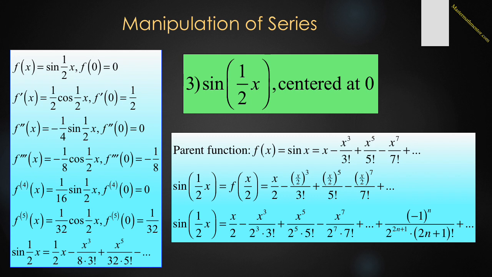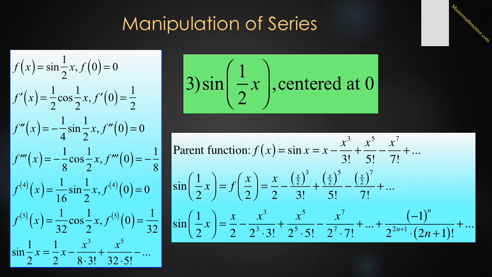So we end up getting x over 2 minus x over 2 quantity cubed over 3 factorial plus x over 2 quantity to the fifth over 5 factorial minus x over 2 quantity to the seventh over 7 factorial plus dot dot dot.